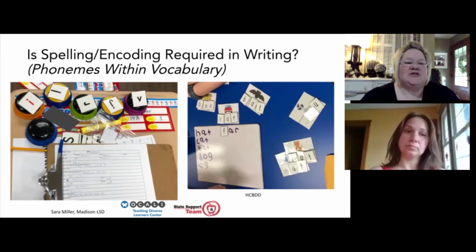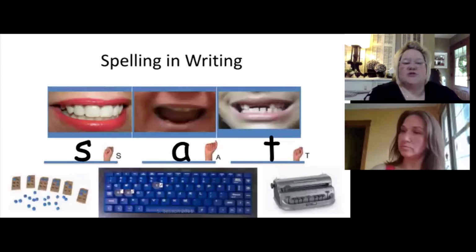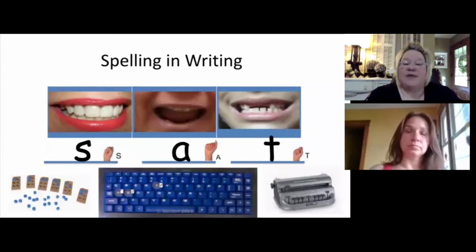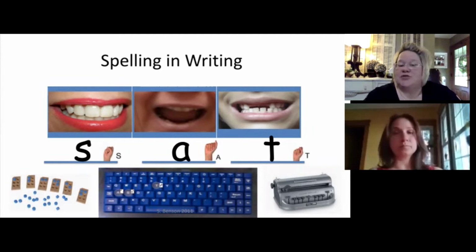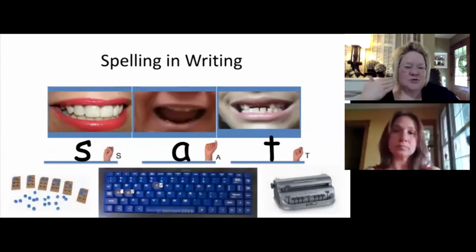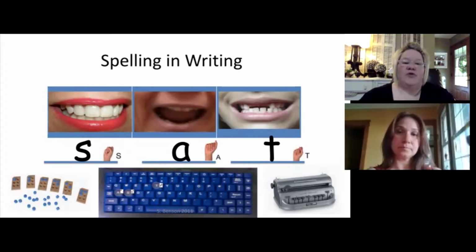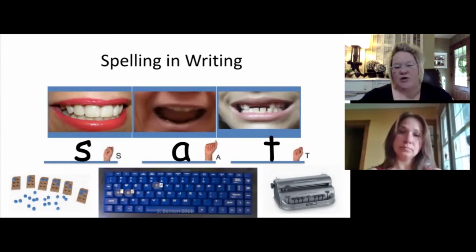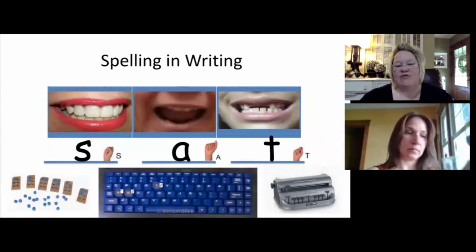So this gets us into how will students produce these spellings? So if spelling is required, let's say the answer is yes to that. We need to make sure that every student has access to the tools that they need to put whatever this spelling is in print. So in all of our cases, we're going to go from that phonological awareness, or our understanding of how language has sounds, and we go from language to the printed letter or the grapheme itself.